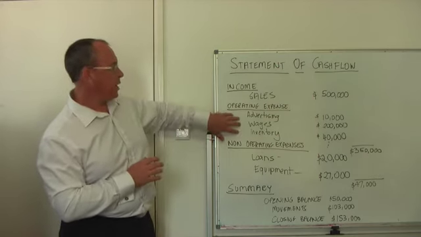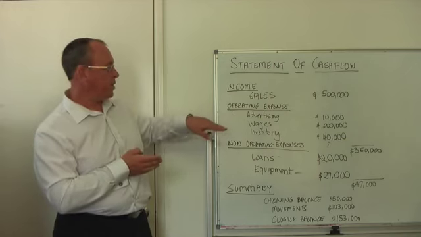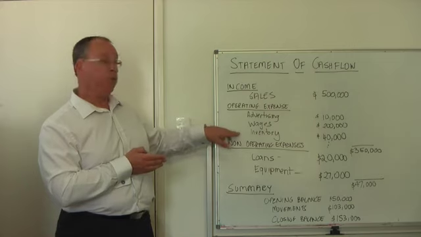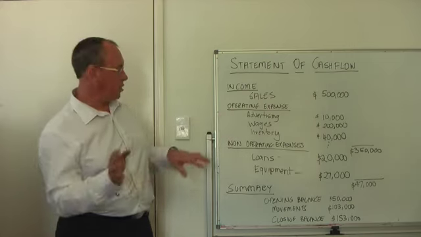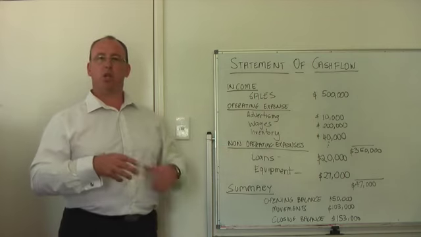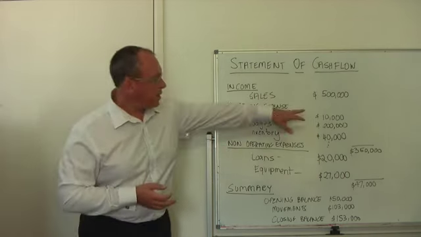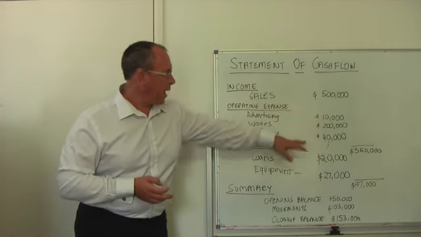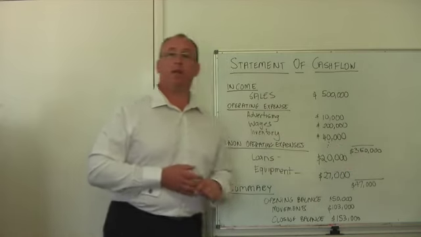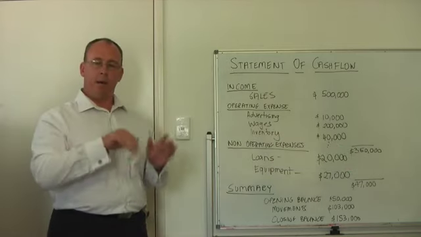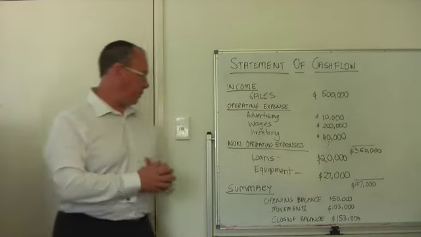Let's say in this particular business, and this is where it looks a little bit like a profit and loss, we might have advertising, wages, inventory, which normally isn't on your profit and loss, but it's still something where cash flows, and all the other things that are associated with actually running your business on a day-to-day basis. In this example, let's say we had operating expenses that cash flowed outwards of $350,000. So we had income, and then we had cash flow out from operating expenses of $350,000.